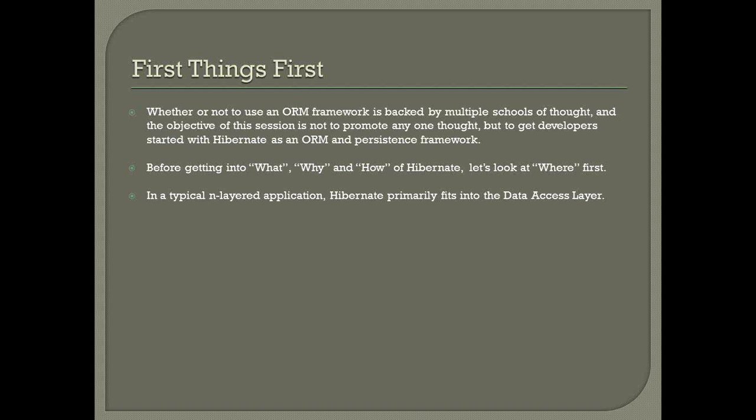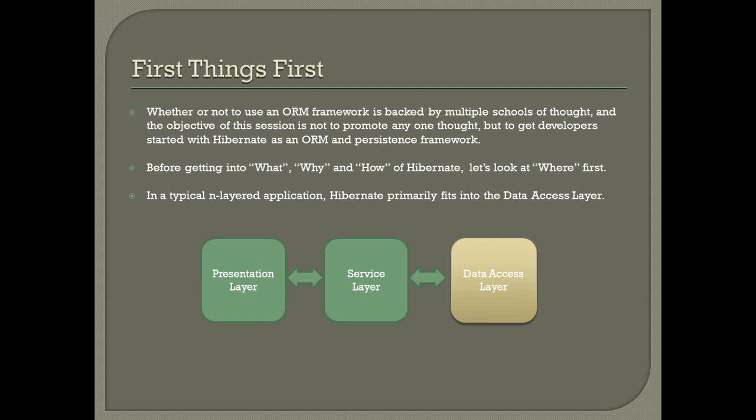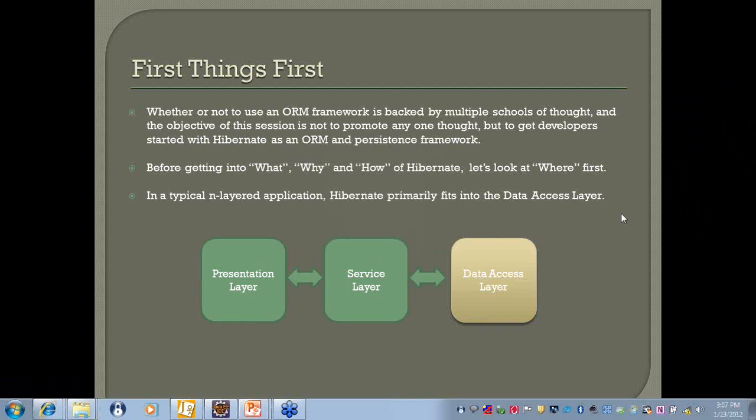If you have a typical 3-tiered or n-tiered application, you generally have a presentation layer, with all the GUI stuff, your JavaScript libraries, your MVC frameworks, etc. You would have a service layer which would have your business logic, validations, etc. And you would have a data access layer where you put in code which accesses your data.